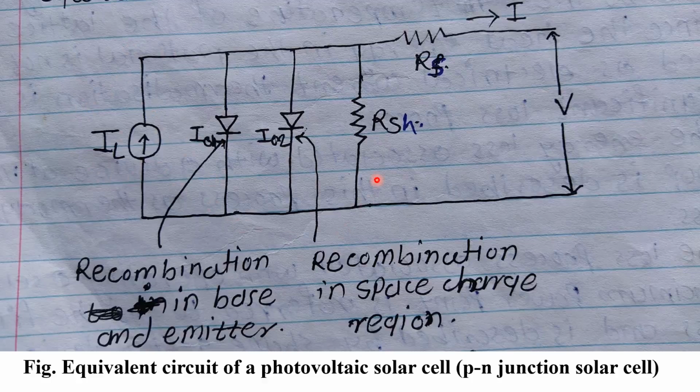Here we also have the recombination in base and emitter, and the recombination in the space charge region. That is the figure of the equivalent circuit for the solar cell.